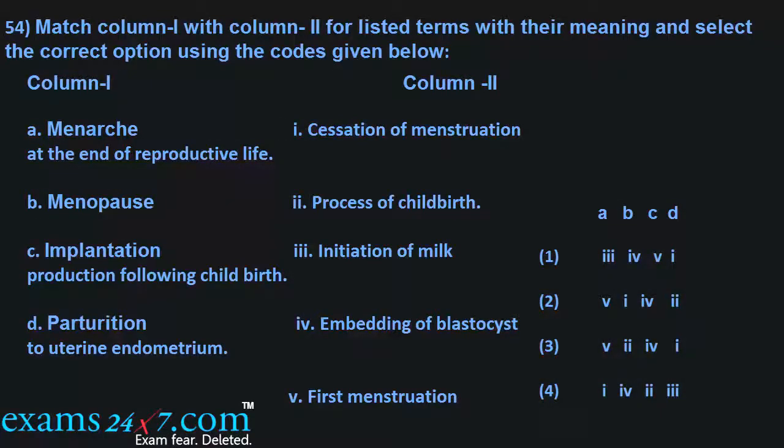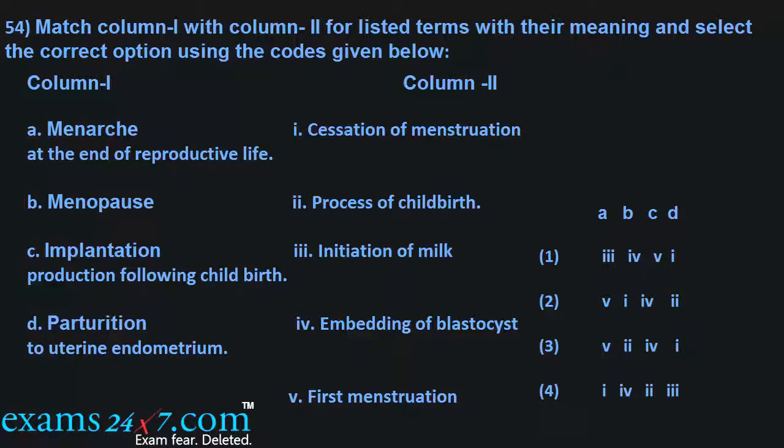Now we come to question number 54. Here you find the terms and their meaning. Let me come to column 1. Menarche. I hope all of you know. Menarche refers to beginning of the menstruation, the first menstruation. So A matches with 5.